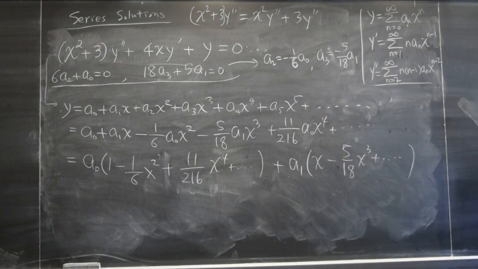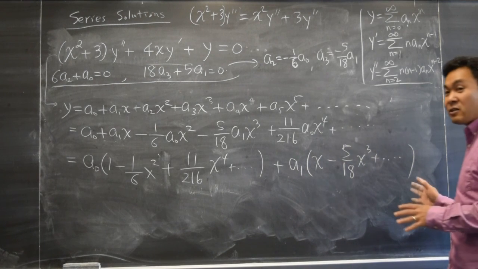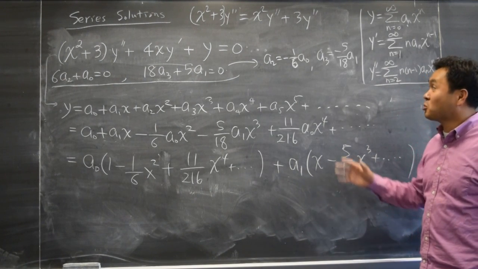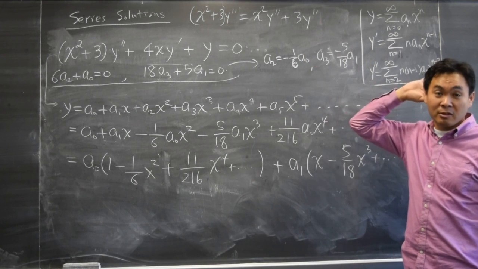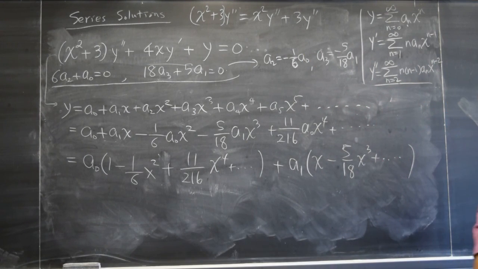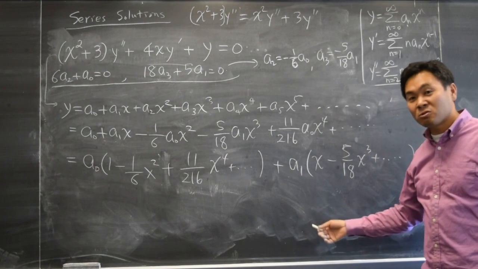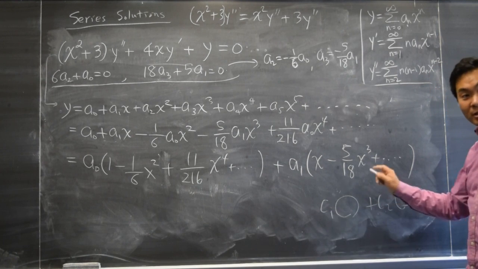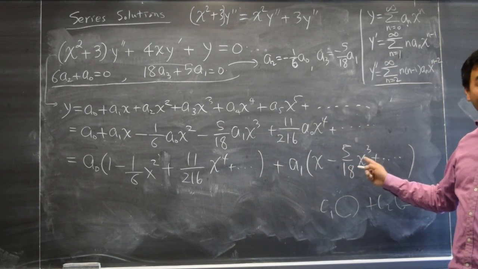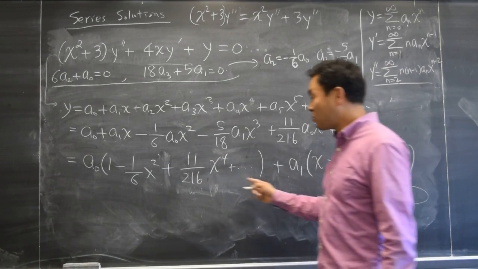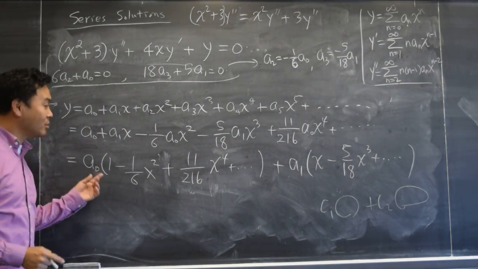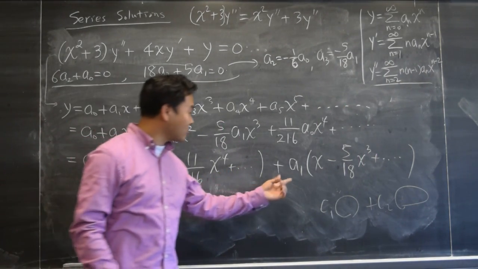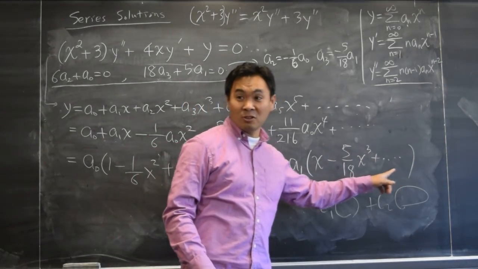So this gives us a better idea of what the general solution of this differential equation is. Okay? See, in the constant coefficient case, we always had solutions like C1 times some function plus C2 times another function, right? And this has the exact same structure as that one: A0 is like C1 times one function plus C2 times another function.